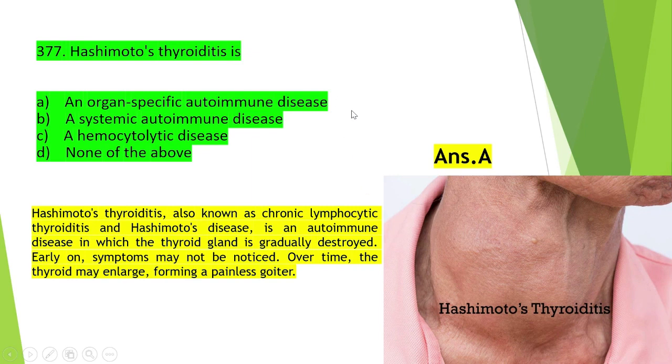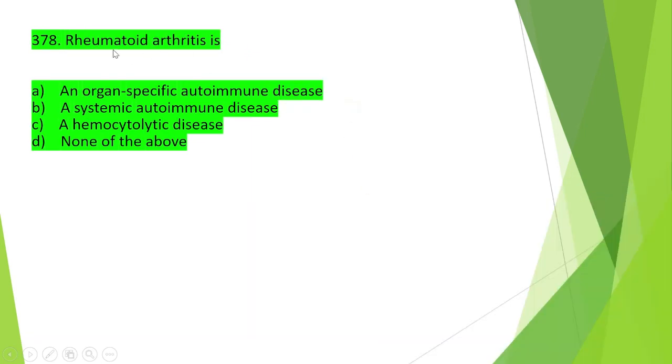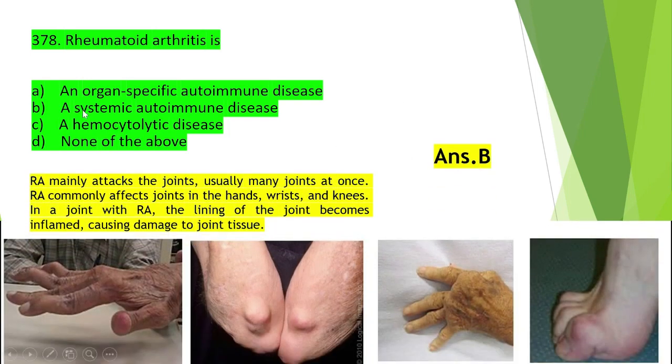Move on to the next question, that is, rheumatoid arthritis is an organ-specific autoimmune disease, or a systemic autoimmune disease, or a hemocytolytic disease, or none of the above, and the right answer about rheumatoid arthritis is option B, that is, it is a systemic autoimmune disease.